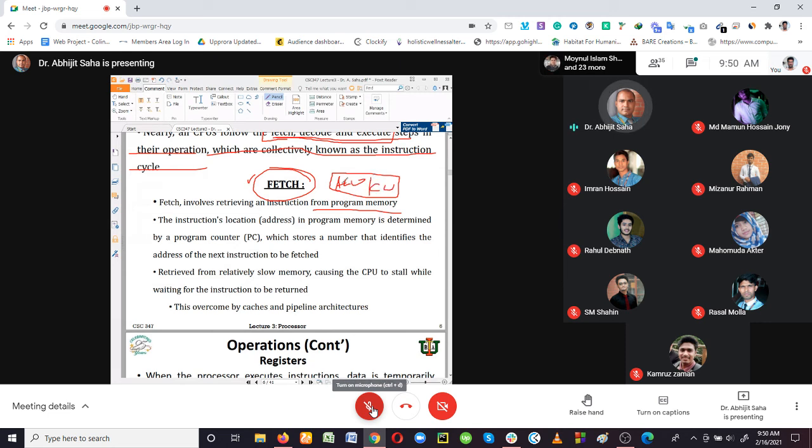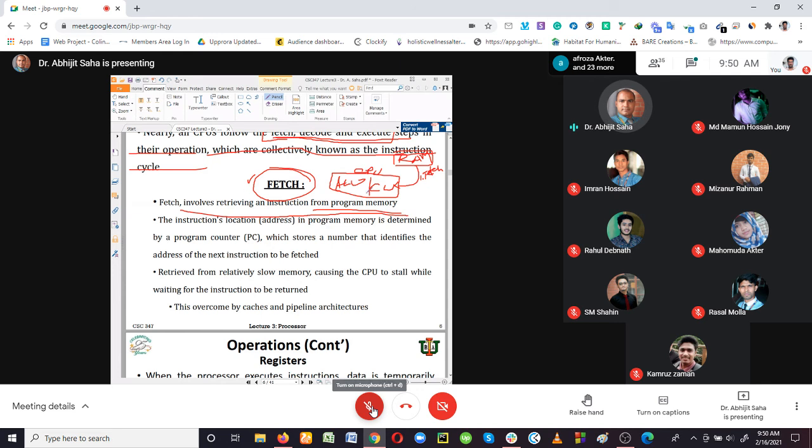This is the CPU, and we have the RAM as the main memory or primary memory. So the first stage, the fetching, is done when the CU, or control unit, fetches the instructions from the RAM. That is what it says: retrieving an instruction from program memory, which is the RAM.